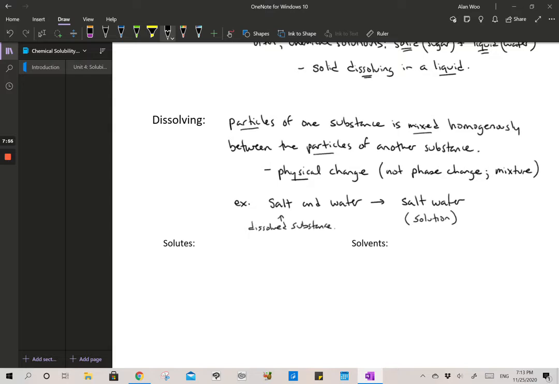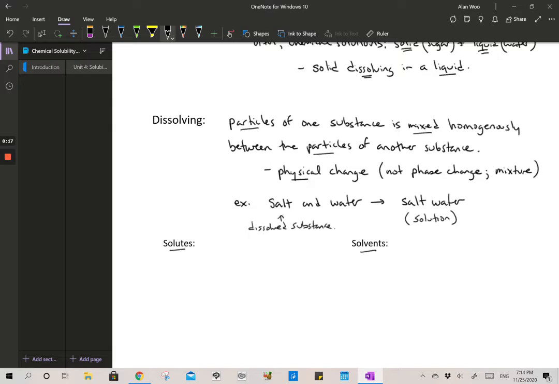It's just that a lot of the times we often think of the solid substance as the one that is actually dissolving. And to put another term to this, we often think of the salt as a solute and water as a solvent. So you'll see these two terms here, solute and solvent.